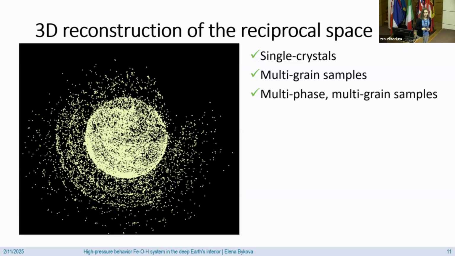And then by using this information, we can again solve the structure. It doesn't matter whether we have one single crystal, many single crystals, or several phases with different unit cell parameters. We don't care, because we can extract this information directly from these reciprocal space reconstructions.